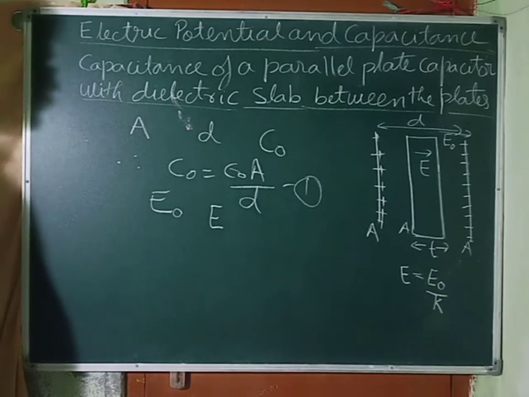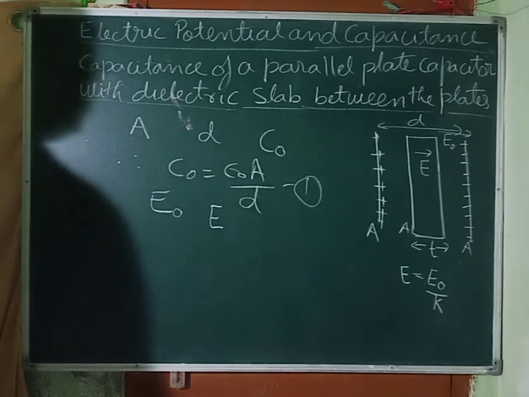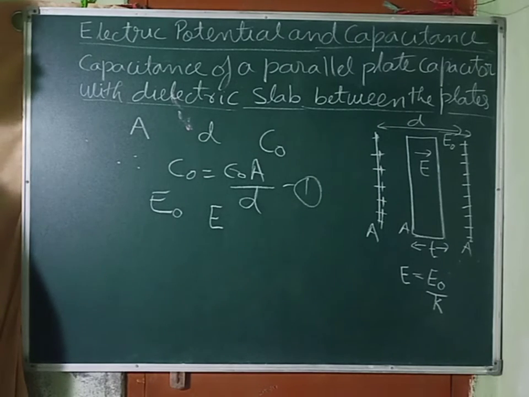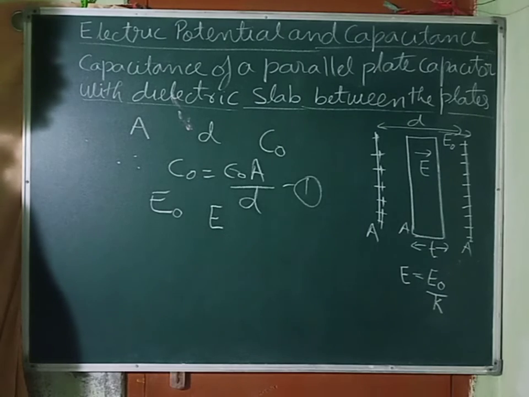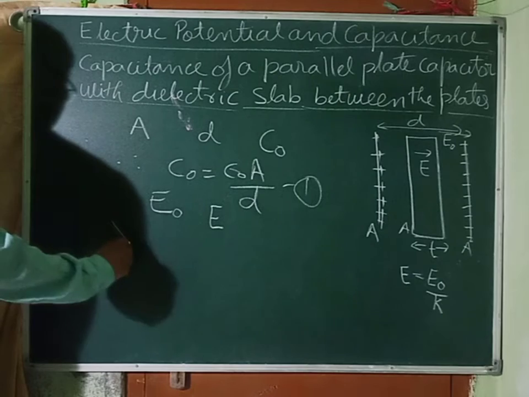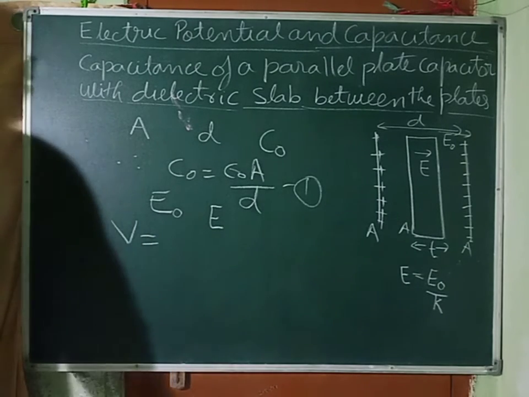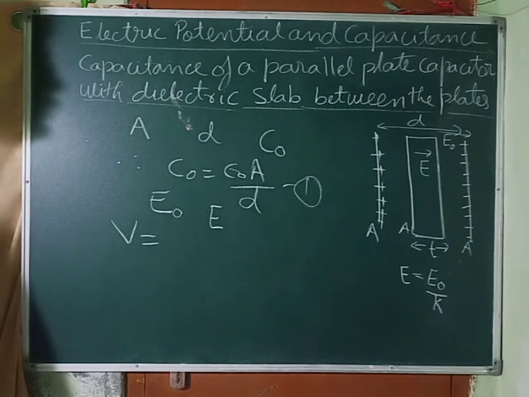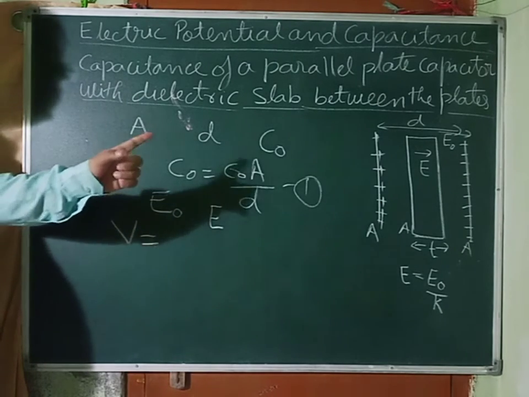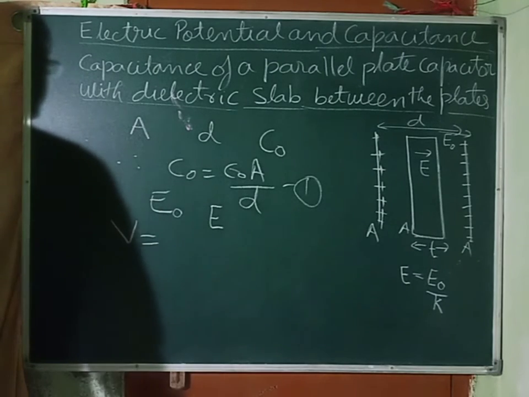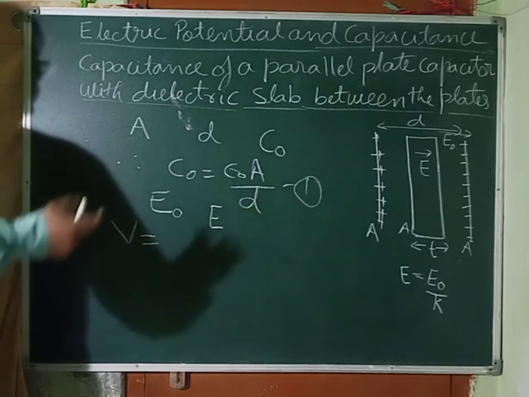Therefore the electric potential difference between two plates of the capacitor is, what will be the potential difference? You know very well, V is equal to E into the separation between the plates, but here E is not the same throughout. So E is there till how much distance? It is till distance t.